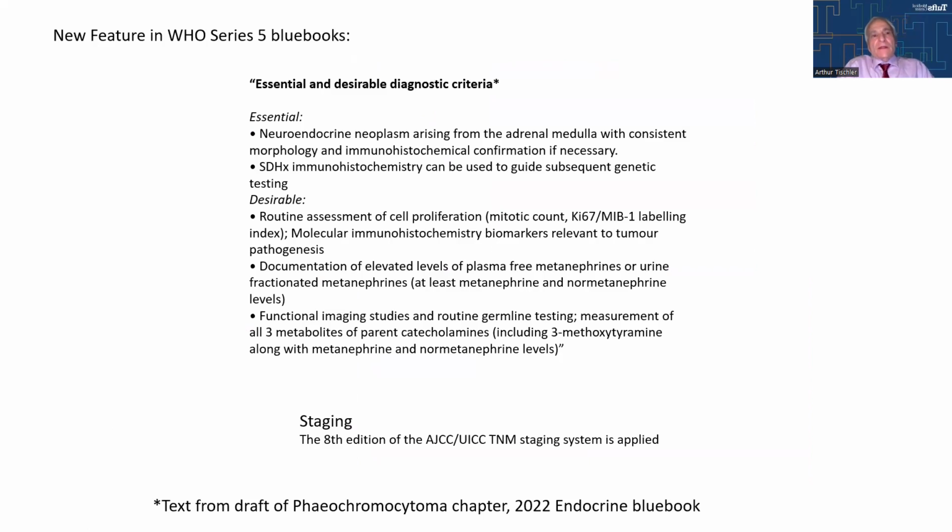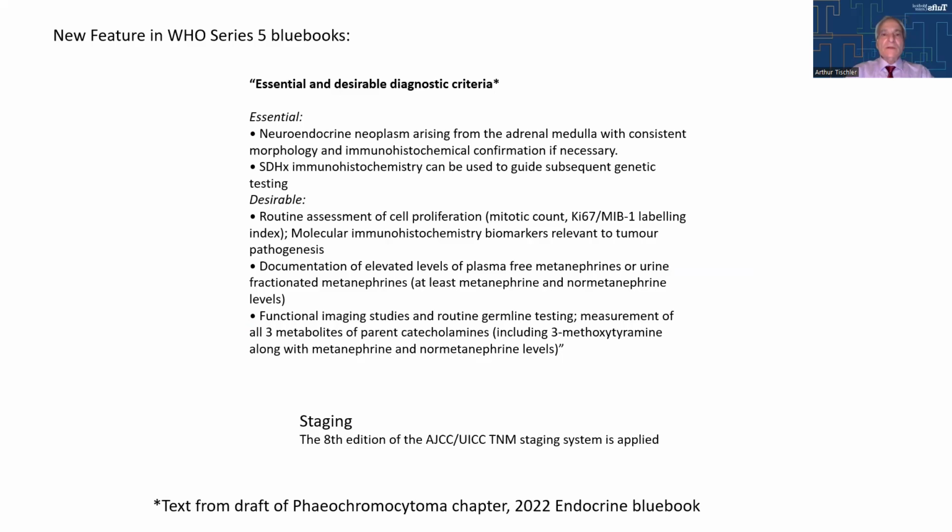A new feature in the Series 5 WHO Blue Books, which I think is a very valuable feature, is a conclusion of each chapter with a section headed Essential and Desirable Diagnostic Criteria. So the essential diagnostic criteria for pheochromocytoma and paraganglioma are neuroendocrine neoplasm arising from the adrenal medulla with consistent morphology and immunohistochemical confirmation if necessary.